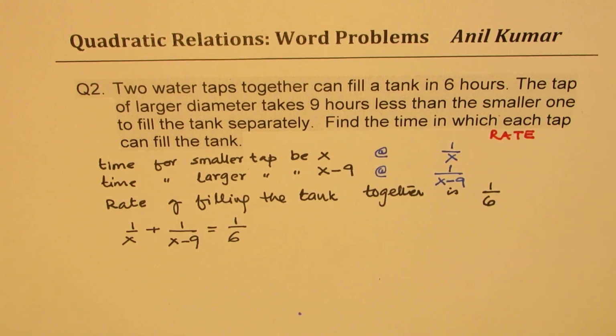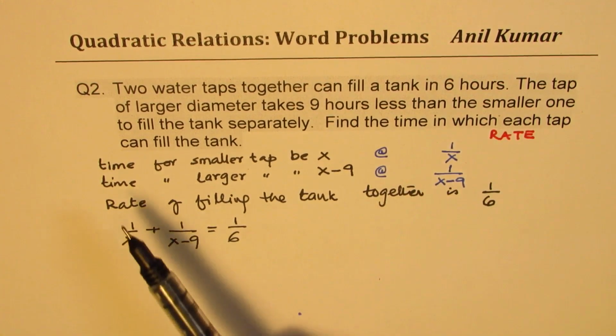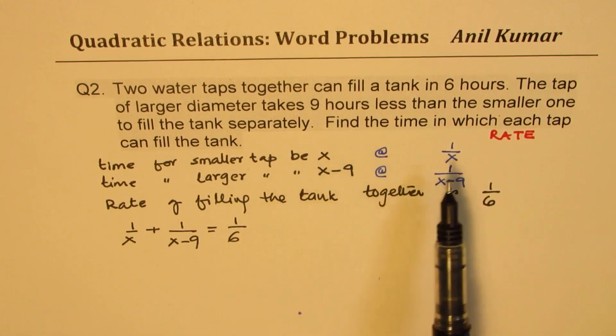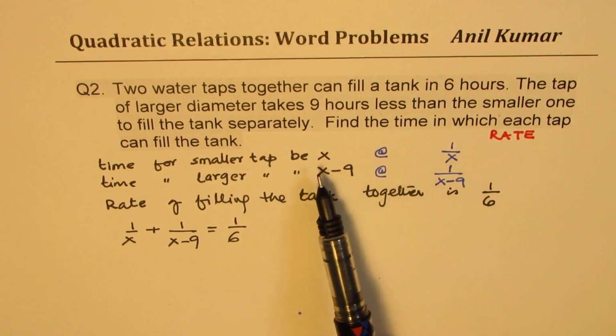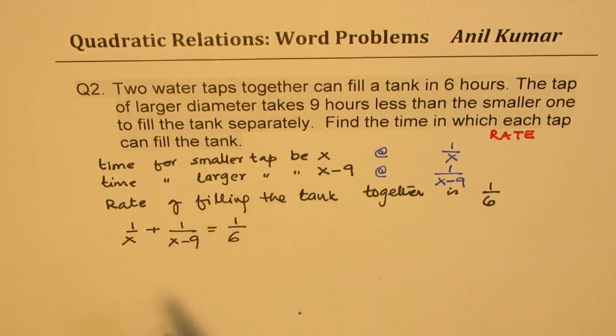So that is how we will always get the equation whenever you're working with work done. It could be painting a room, for example. So that will also be done with the same strategy. So find the time taken and then the rate, which will be 1 over the time taken, right? And then you solve the given equation. So again, we'll just cross multiply. So the strategy here is, in the numerator, we'll get 6 times x minus 9 for the first one.